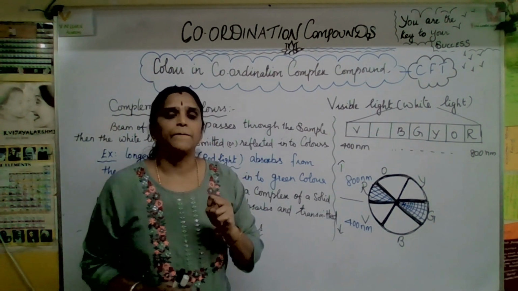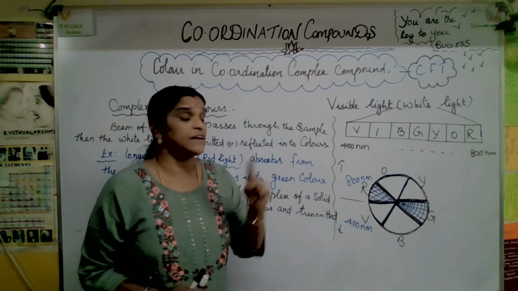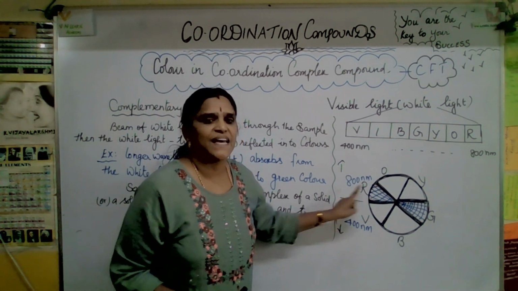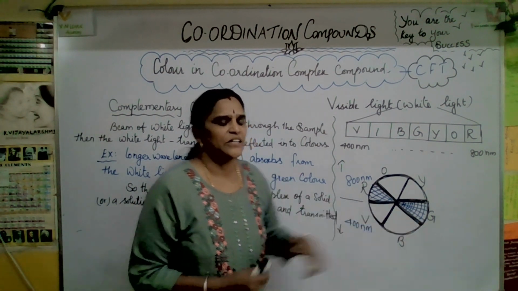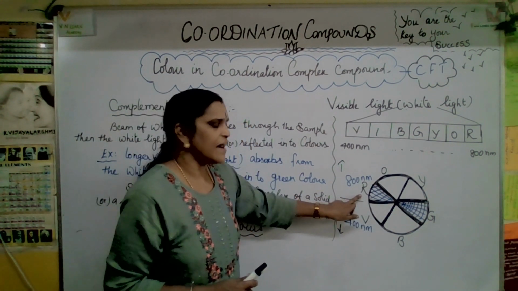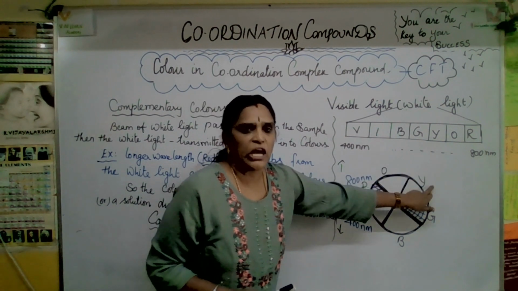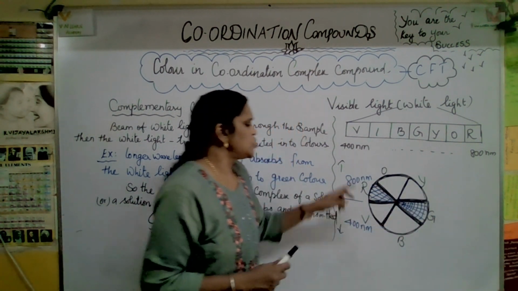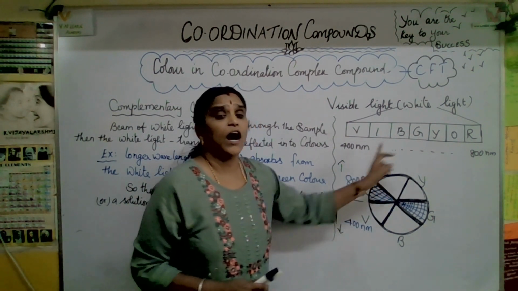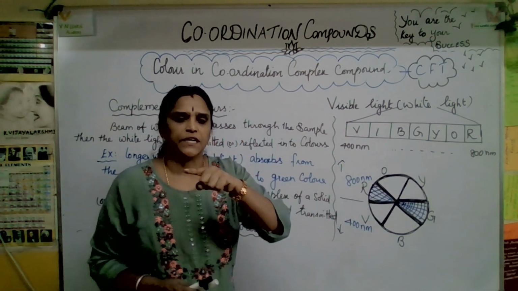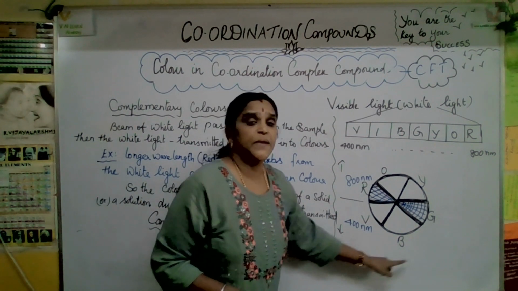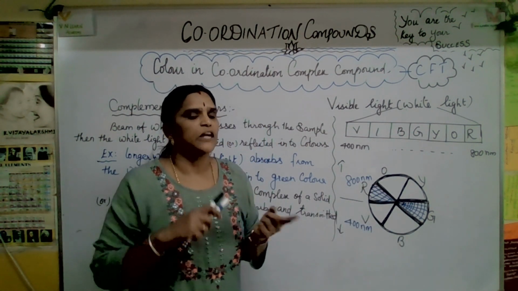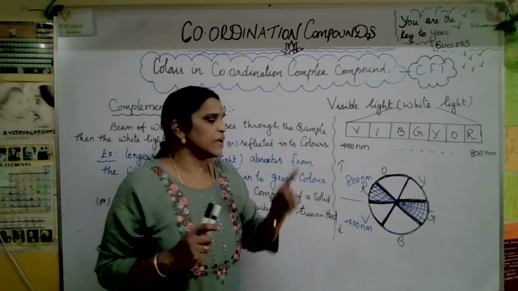For example, longer wavelength around 800, a red color, appears as a green color. So red, orange, yellow, ROY, on top of the circle, and violet, blue, green, VBG, at the bottom of the circle. In that way you just remember, so that you will understand very clearly.